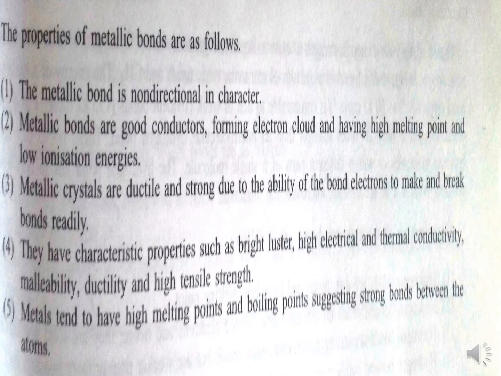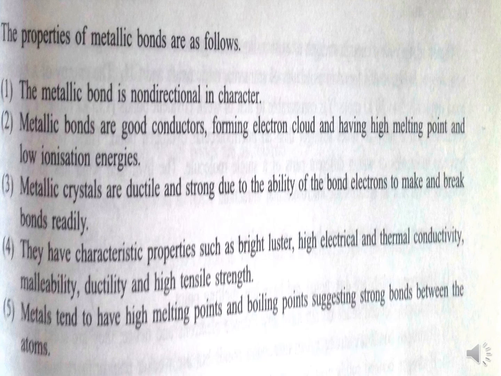The properties of the metallic bonds are: the metallic bond is non-directional in character. Metallic bonds are good conductors, forming an electron cloud, and having high melting point and low ionization energies. Metallic crystals are ductile and strong due to the ability of the bond electrons to make and break bonds readily.